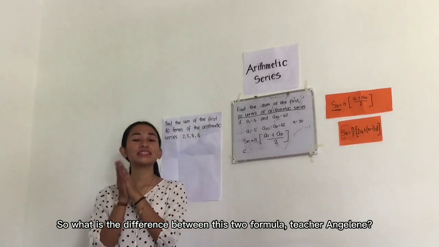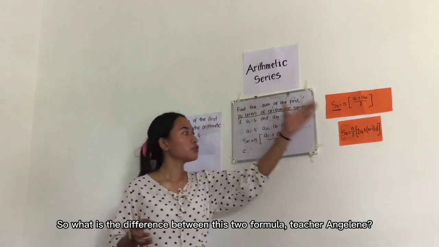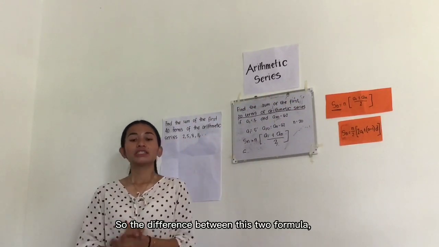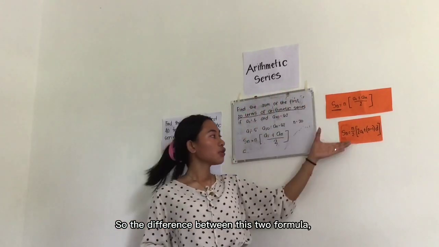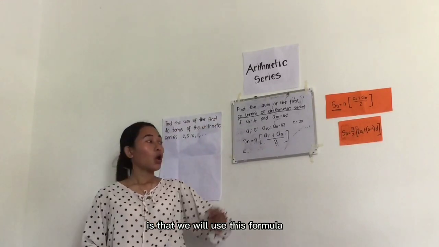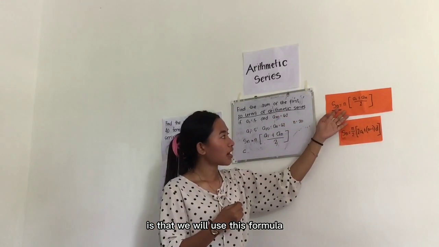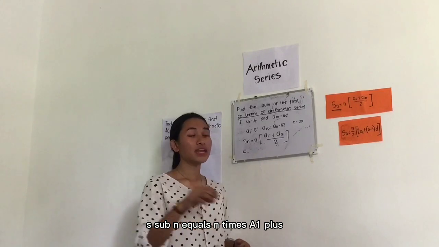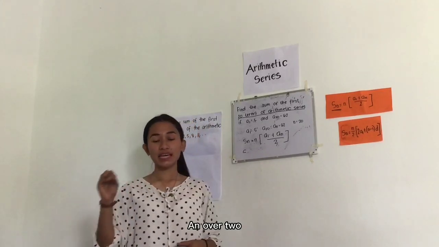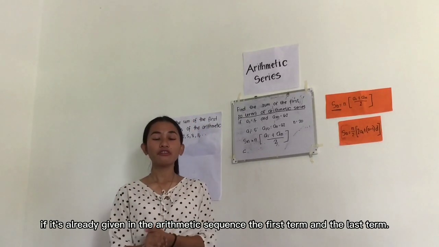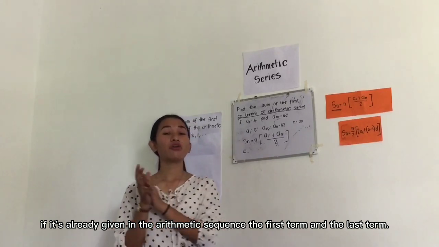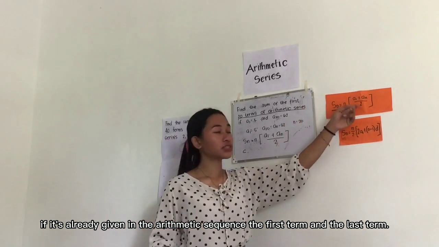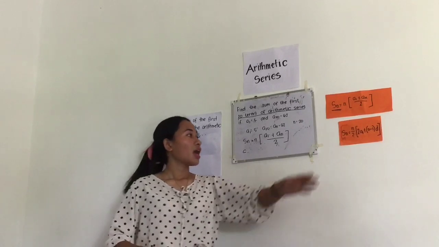So what is the difference between these two formulas, Teacher Angeline? The difference is that we will use the formula S sub n equals n times a sub 1 plus a sub n over 2 if the first term and the last term are already given in the arithmetic sequence.